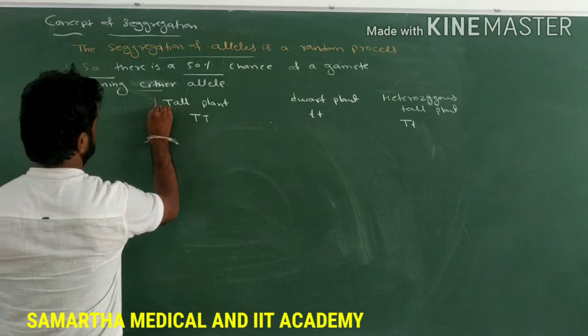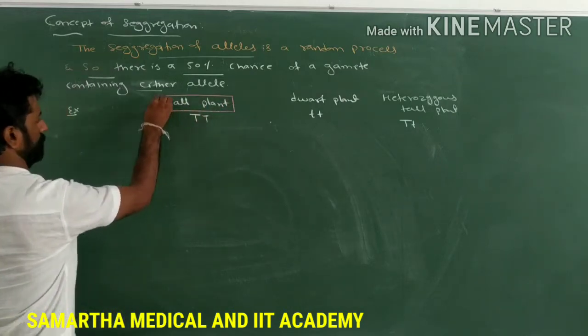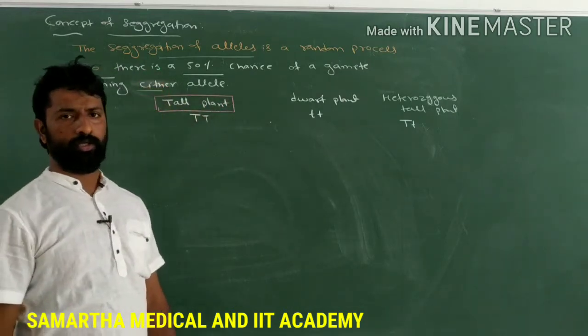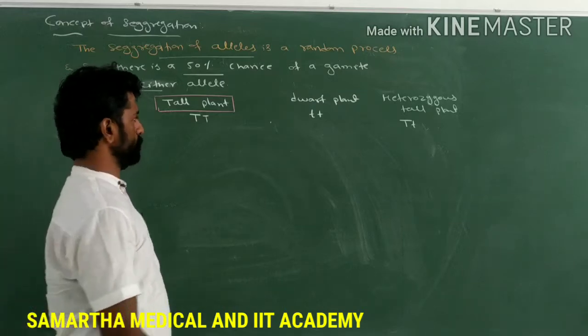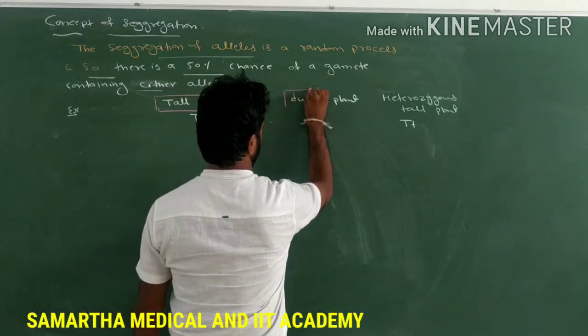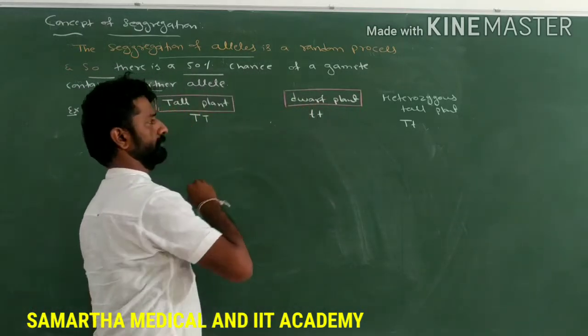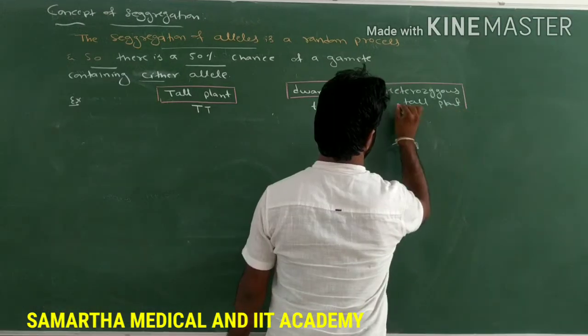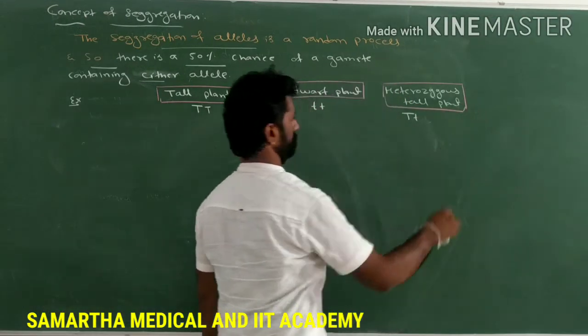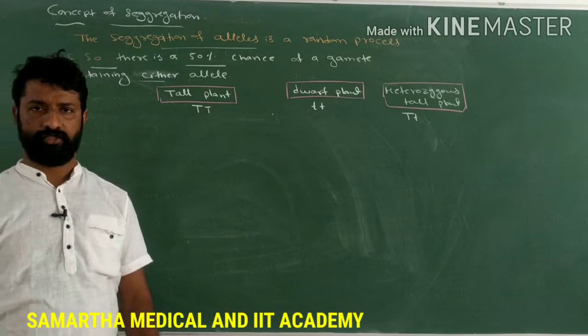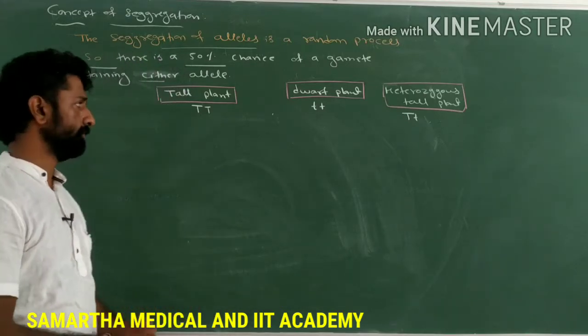Say for example, a plant is homozygous tall, or homozygous dwarf, or heterozygous tall. These are the 3 possible conditions for plant height, right?